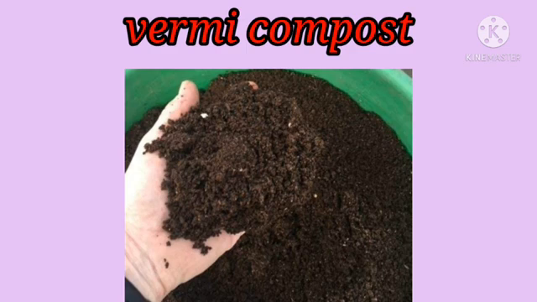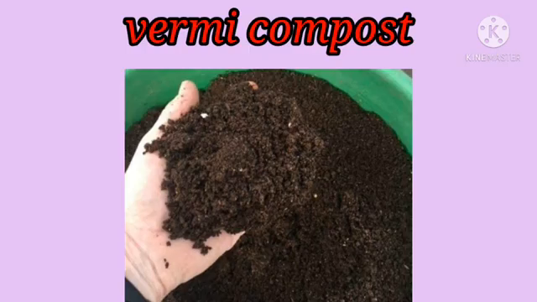First we have to take a container or bin, then half fill it with bedding materials such as shredded cardboard, leaves, paddy husk, chopped straw, sawdust and manure.